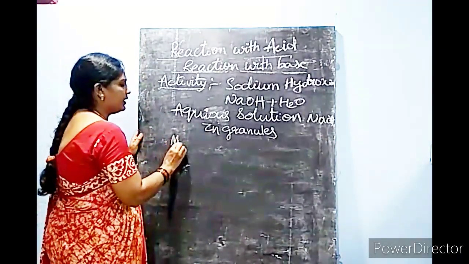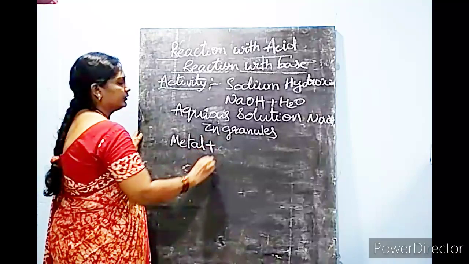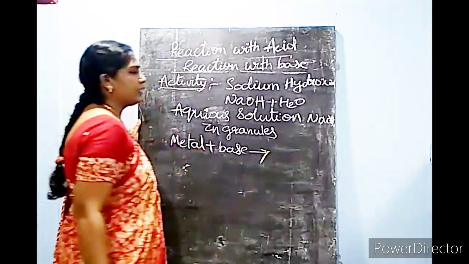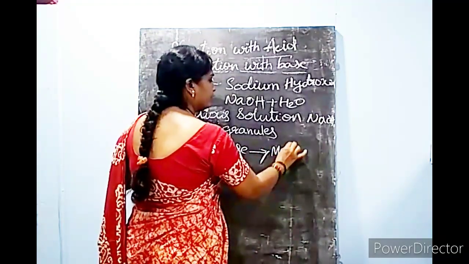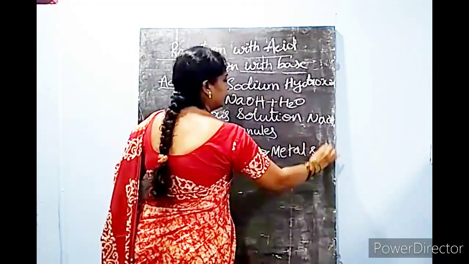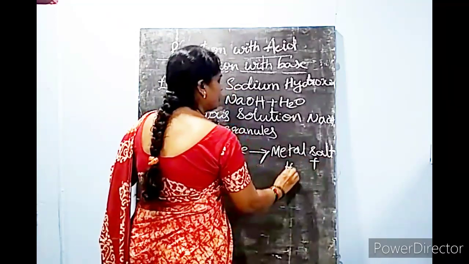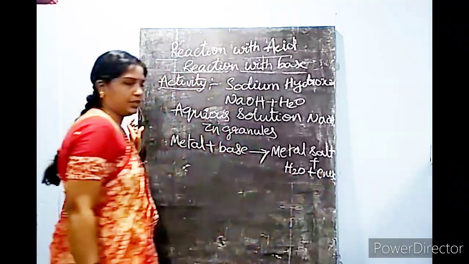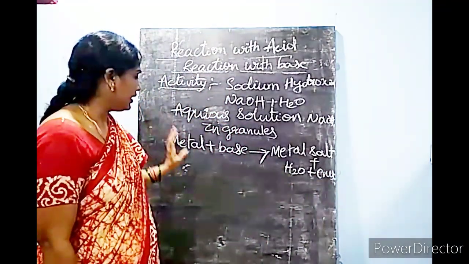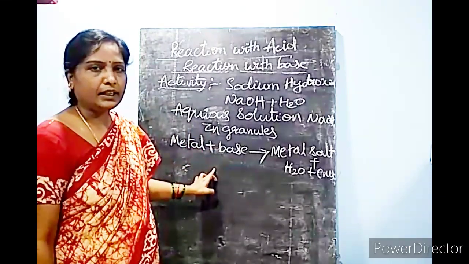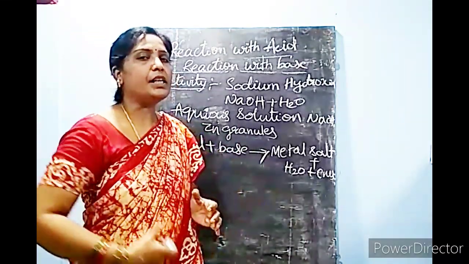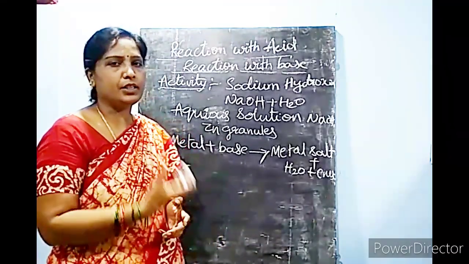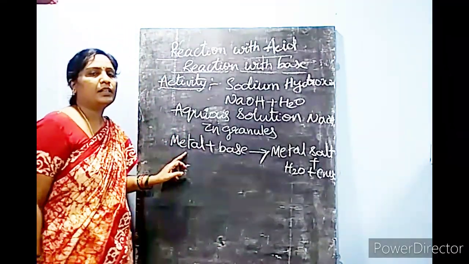When a metal reacts with a base, they form metal salts plus H2O, and some energy is produced. This is how metals react with bases. You'll read more about how metals and non-metals react with bases in class 10.